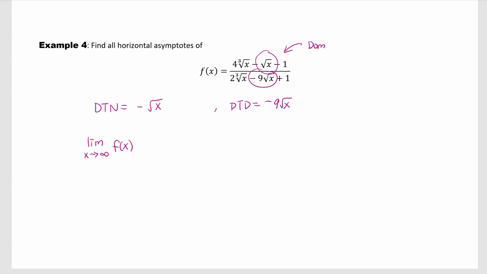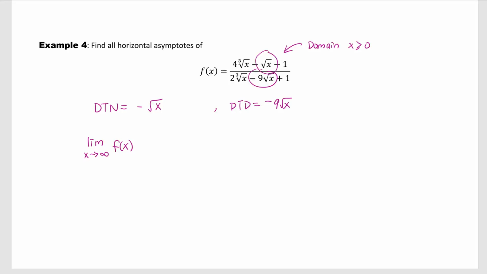Furthermore, when x goes to infinity, f of x, you can see that because of the square root, the domain requires x to be greater than or equal to 0, right? So we have the case when x goes to infinity, but we won't have the case when x goes to minus infinity.